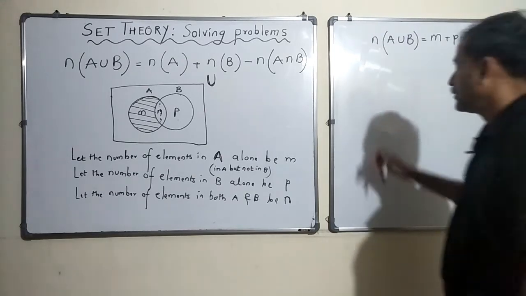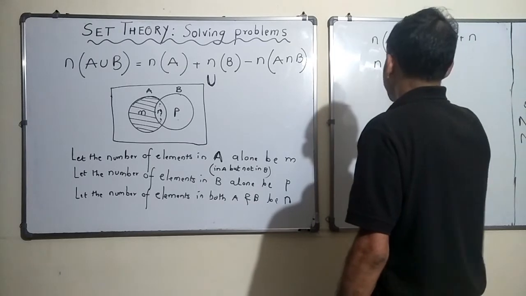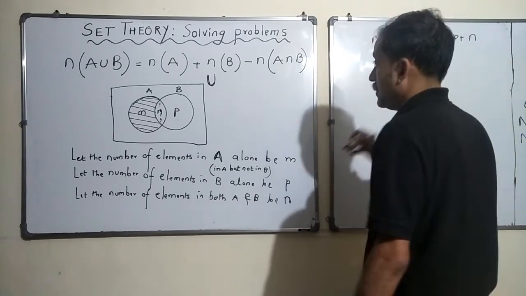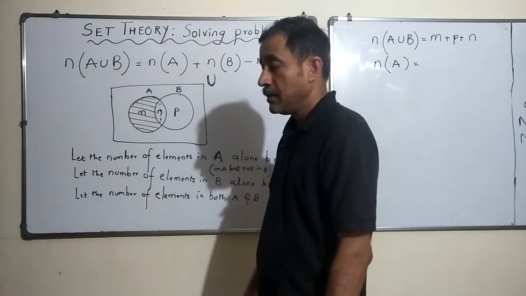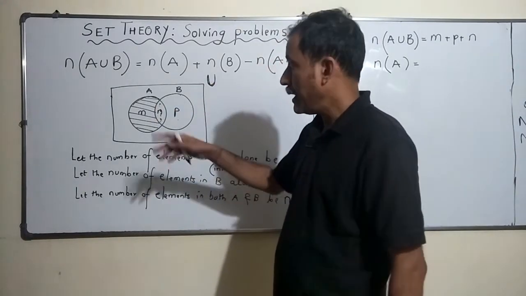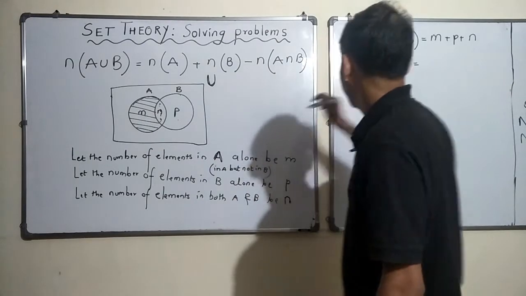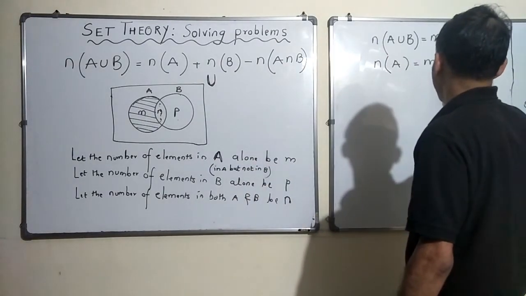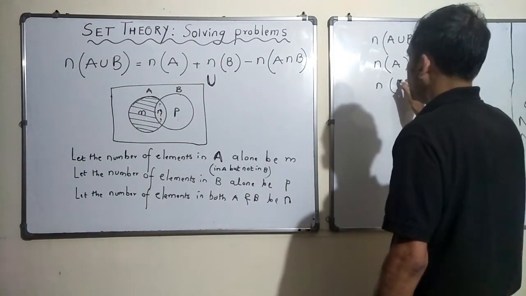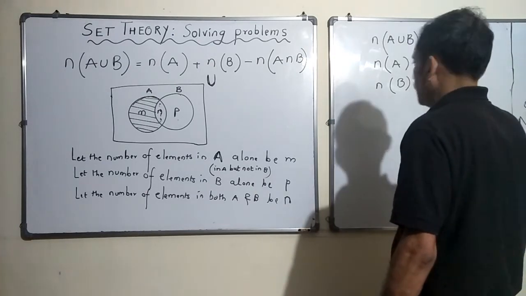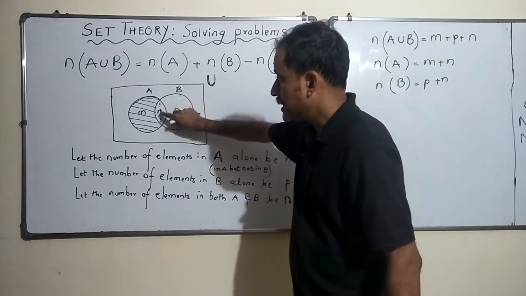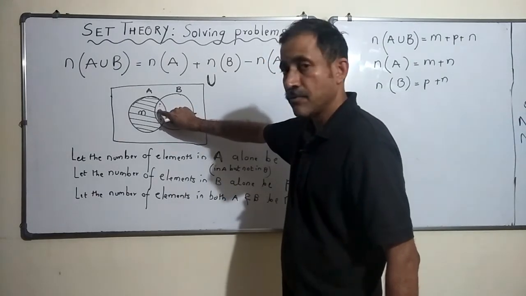All right, that's good. Number of elements in A is what? M plus N, because N is also in A, right? It is in B, but it is also in A, so it is M plus N. Number of elements in B is nothing but P plus N. P elements are in B as well as N elements are in B also, correct?